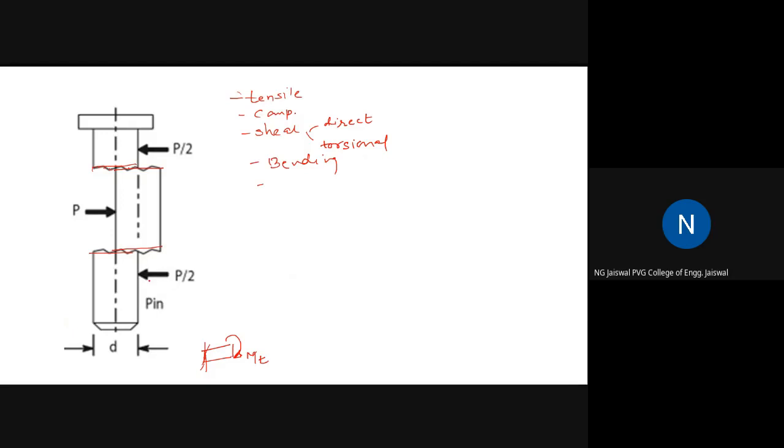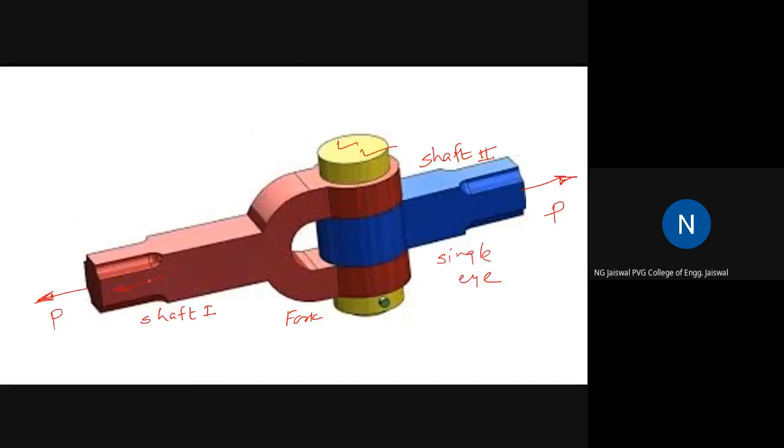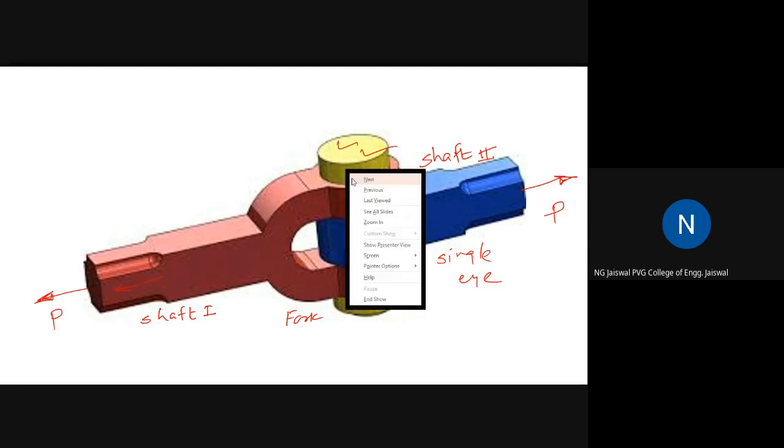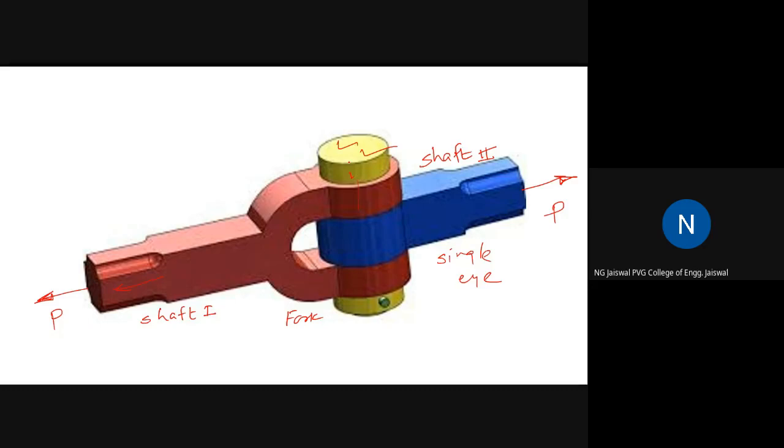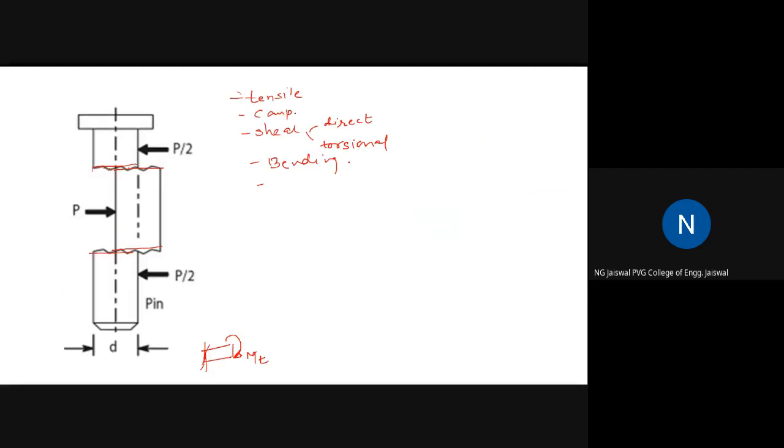Our objective was: for this application, under the given forces and their directions, what type of stress is the pin subjected to? One answer is that the pin is subjected to direct shear stress. The moment we know this, we can immediately write the equation.